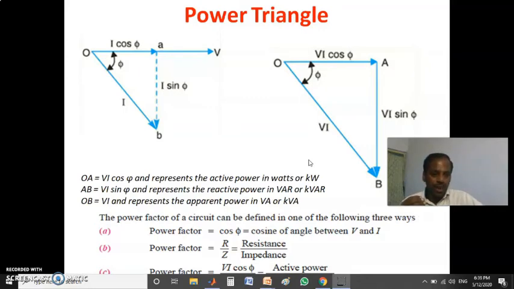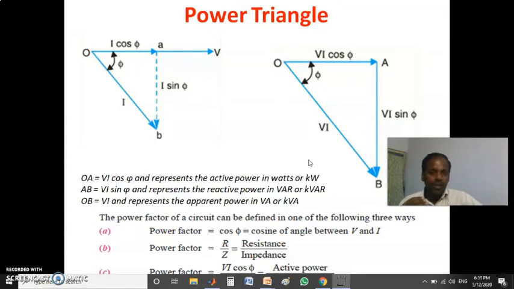If you take a complex number, it has a real part and an imaginary part. The imaginary part will be either positive or negative, but the real part is always positive. So the power across the resistance is always positive, but the reactive power may be positive or negative.